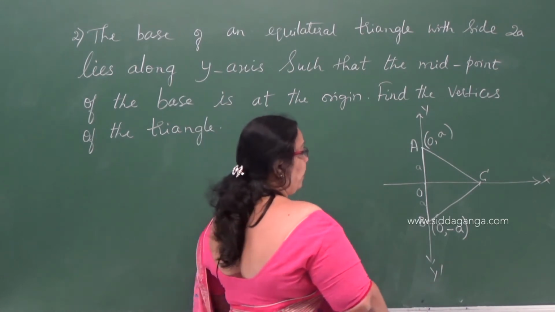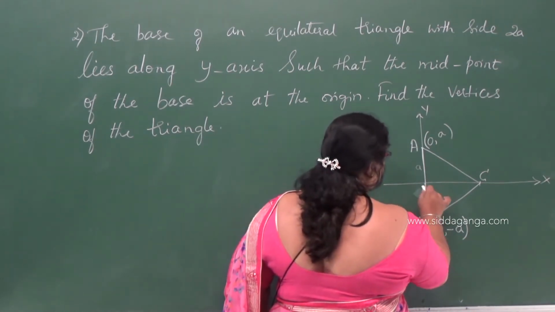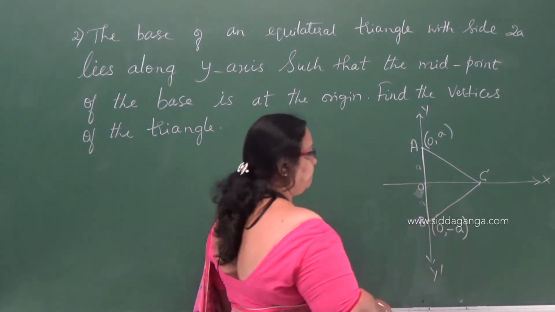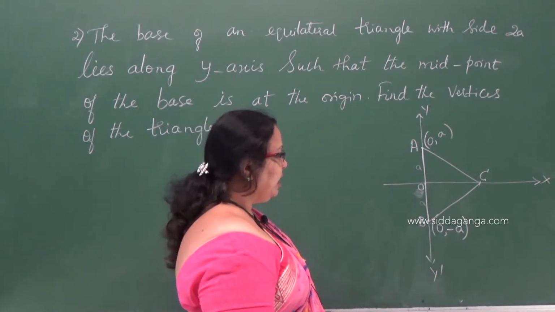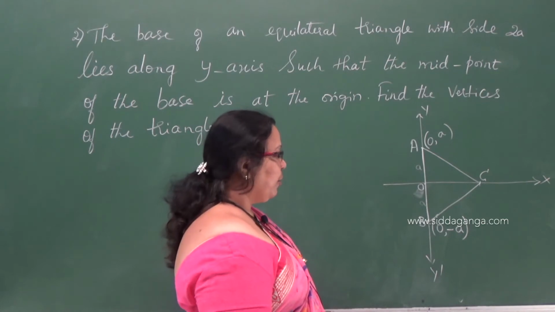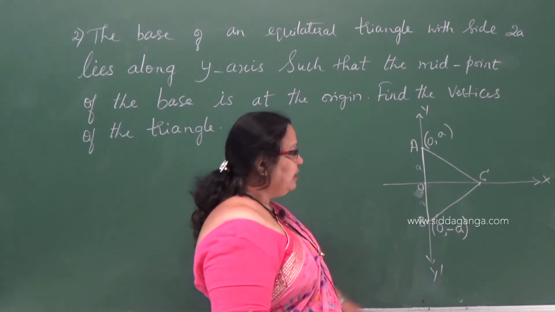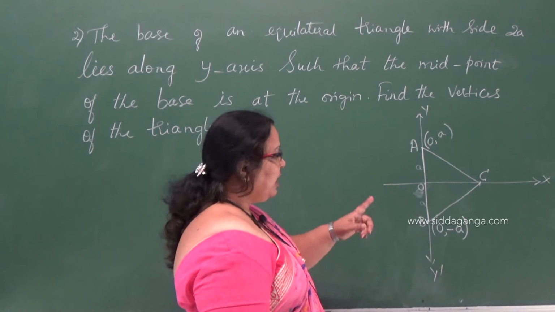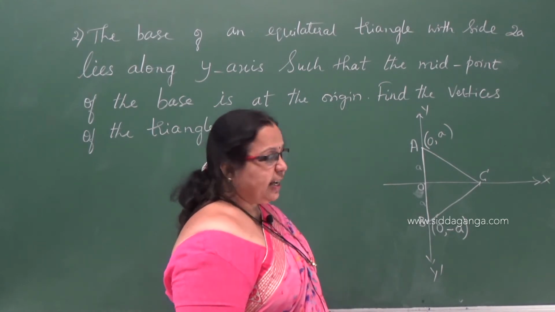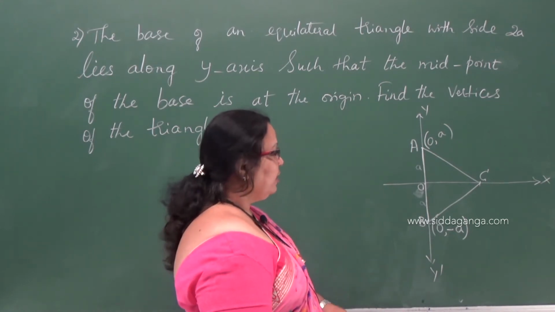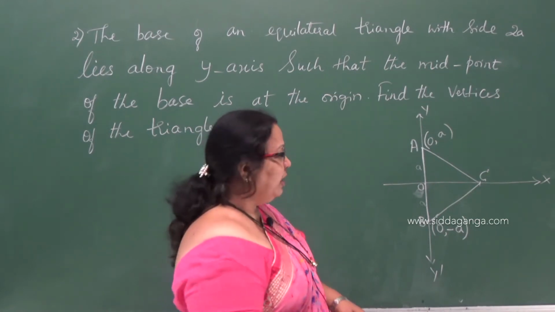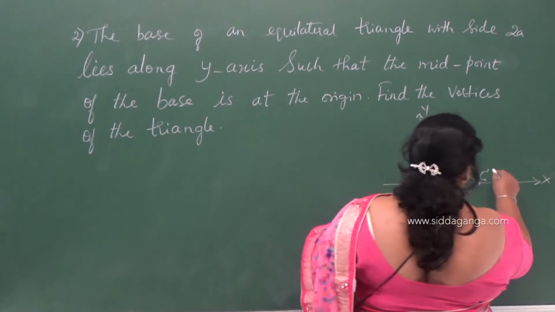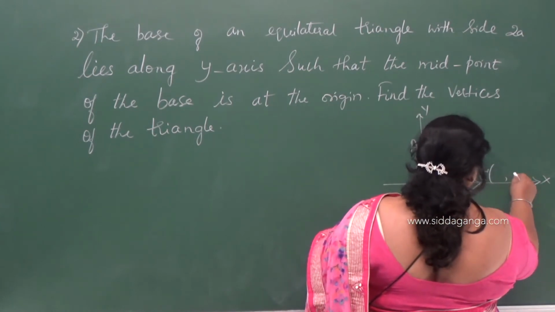Suppose C lies on the x-axis automatically, so on the x-axis the y coordinate is 0.